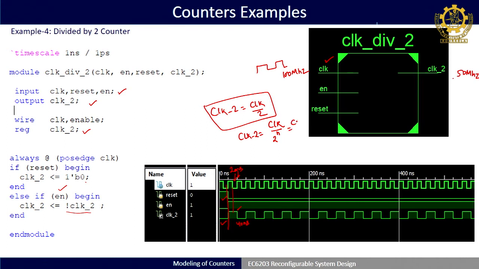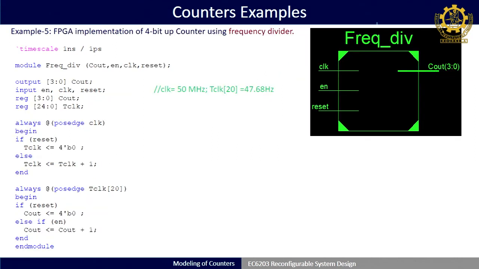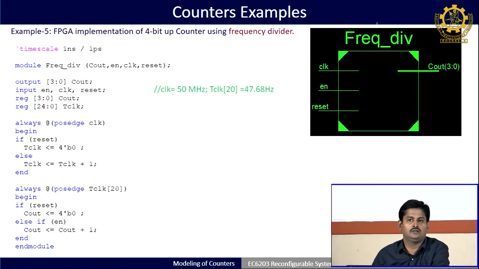So, now I am getting clock by 2. Similarly, if you want to further scale down the frequency value, then you can use n-bit counters. Okay. So, if there is a 3 bit counter, then it can further be divided by 2 to the 3, that is 8.